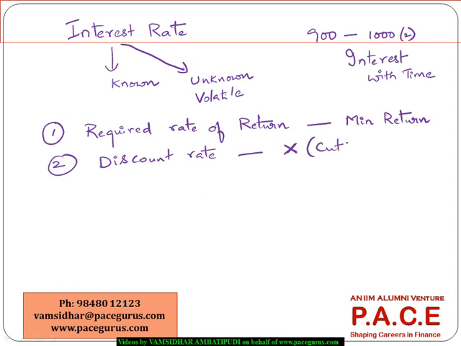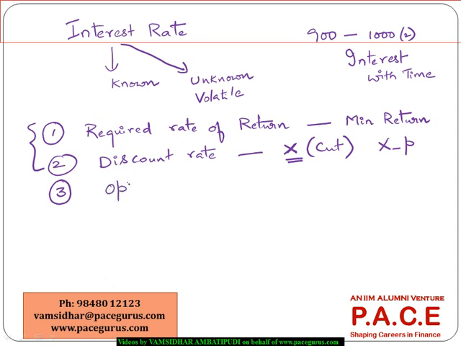And what could be the value of it after discounting this X as of today? Probably X minus some P. So we can very well look at the discount rate, whatever is the cut in the value based on the passage of time. So interest rates can be looked at from the perspective of discount rate, and in the finance world, we try to use these two words more or less interchangeably.